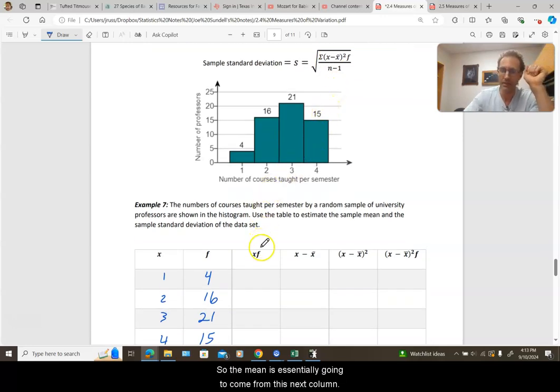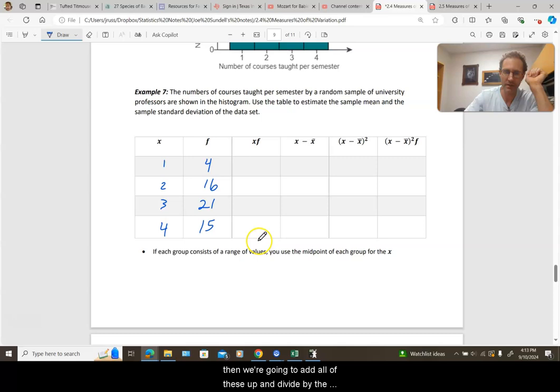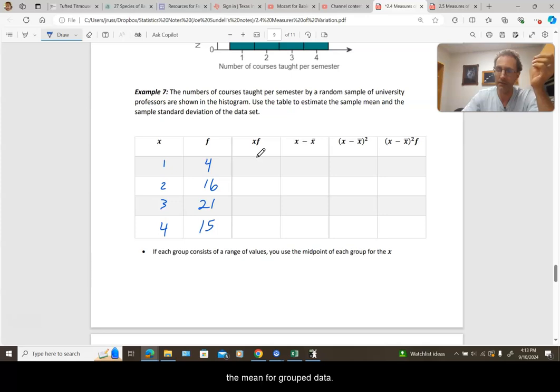Okay, so the mean is essentially going to come from this next column. We're going to multiply each x value by the frequency, and then we're going to add all of these up and divide by the number of frequencies. This takes us back to the end of 2.3 when we were finding the mean for grouped data. So that's essentially what we're doing here. Okay.